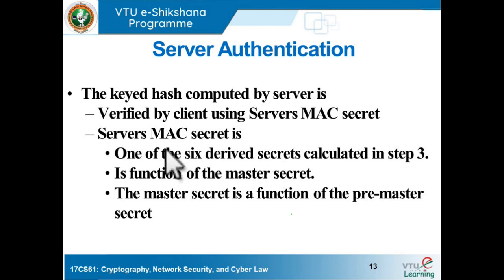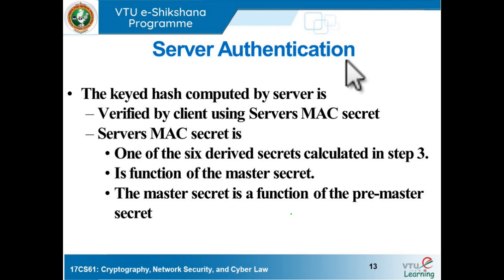The derived secret is obtained from the master secret by applying a function. This master secret is in turn obtained from the pre-master secret by applying a hash function over it.